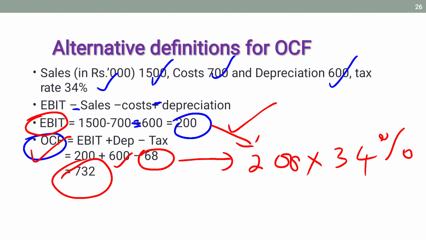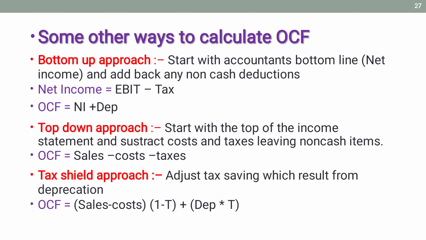Hope it's clear. What are those different approaches, according to the information given in the scenario, given in your exam? You have to think, how can you find this operating cash flow? There are different approaches, different ways to calculate.